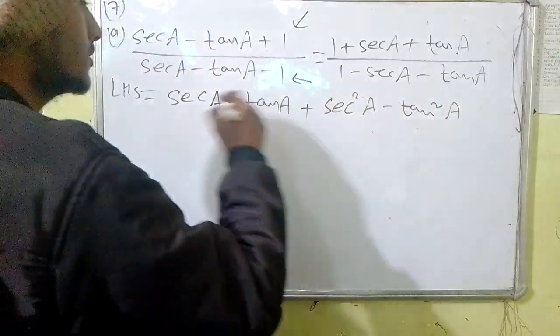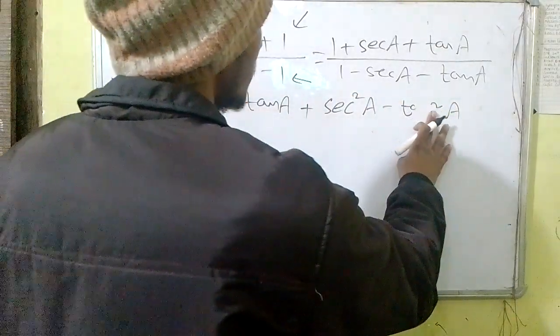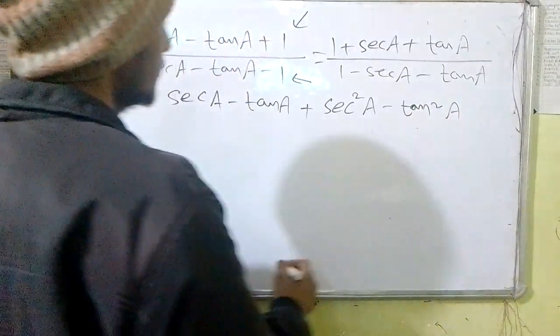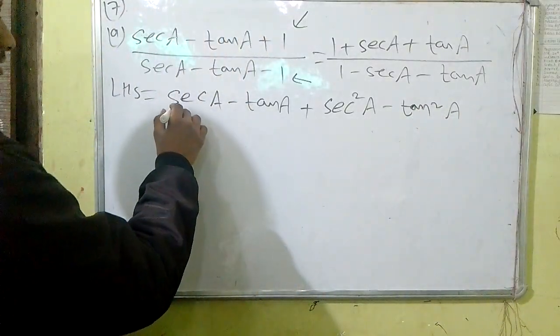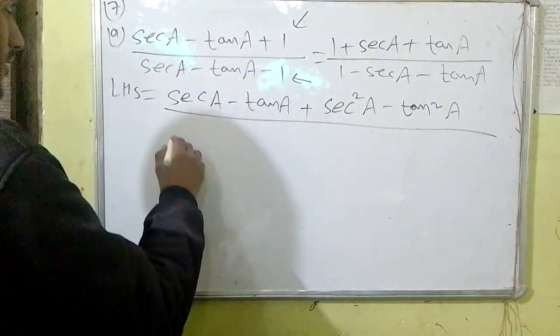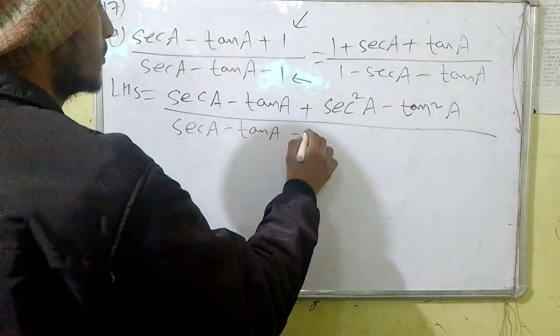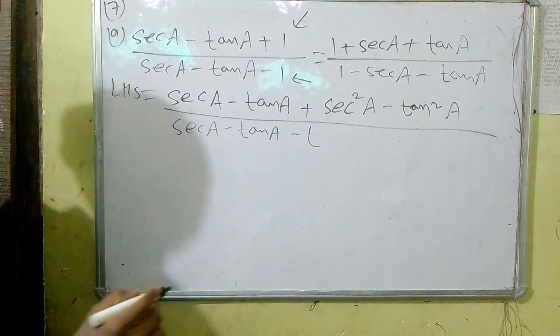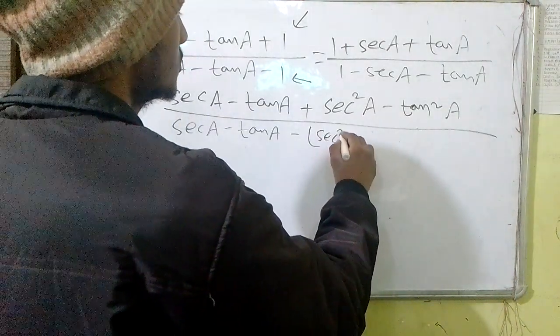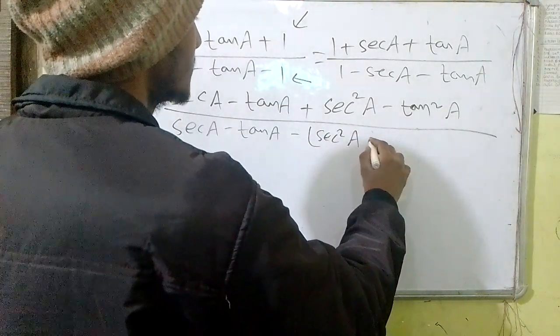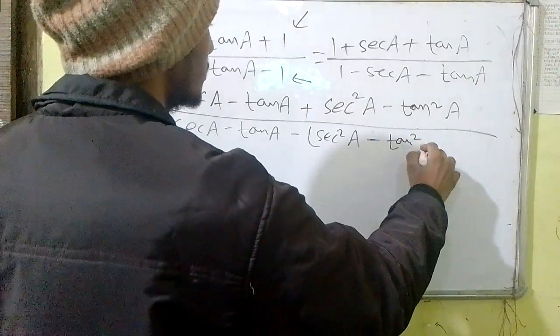Why is it going to be this? Because we know this identity. And divided by secant a minus tan a minus 1, which should change into secant squared a minus tan squared a here.